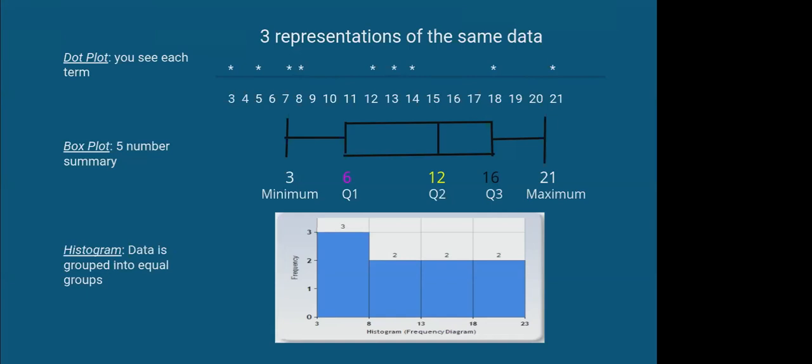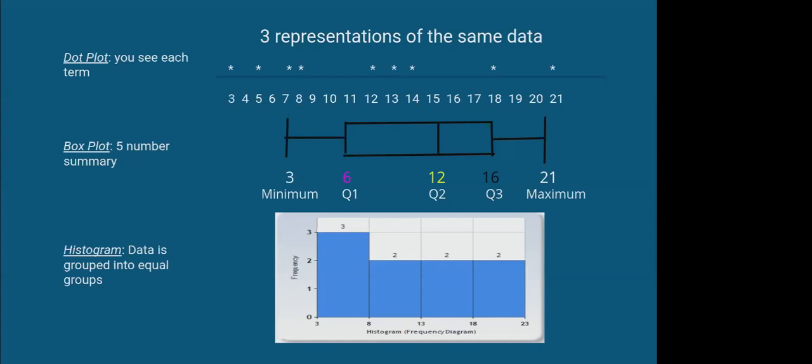The box plot is a 5-number summary. It can give you an idea of certain things. It can tell you the range of the data, because the range is the distance between the minimum and the maximum values of the data set. You can tell the middle of the data, or the median, because that is one of the 5 numbers.